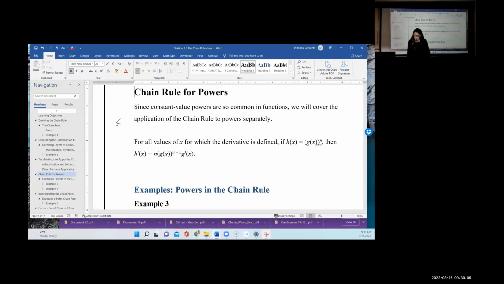So for example, if we had something like 3x minus 11 raised to the 5th power, the outside function is u to the 5th, right? So we can think of g of x here as being our inside function, which is 3x minus 11. So g of x is what's on the inside of the power.